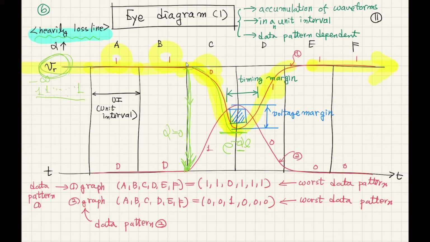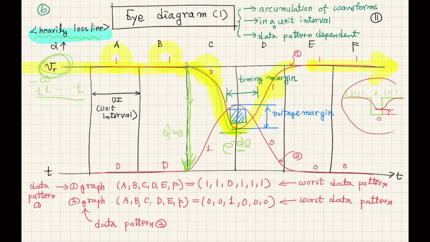So what I'm saying is that ideally, at the receiver, it has to have this kind of waveform: 1, 1, 1, 1, 1, 0, 1, 1, 1, 1. But the actual waveform at the receiver side will have this kind of smooth curve, and this lower level of the receiver voltage is going to be higher than the ideal 0 level.